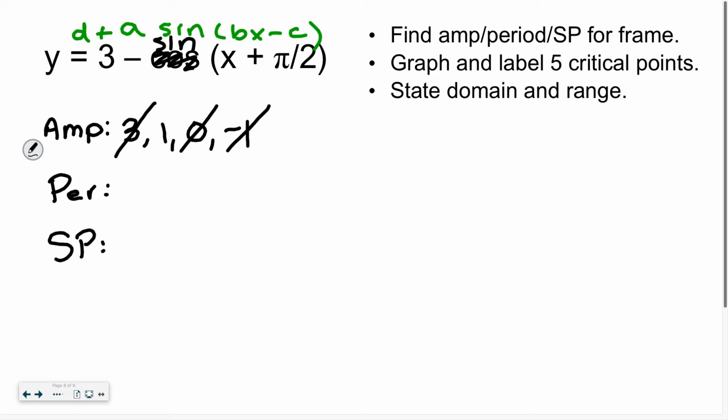Another wide array for starting points. So period, I think we're in general consensus that it's 2 pi, because we're doing 2 pi over b, which b must be 1. Okay, so I agree with that. Period is 2 pi. Here are some of the things I'm seeing for starting point.